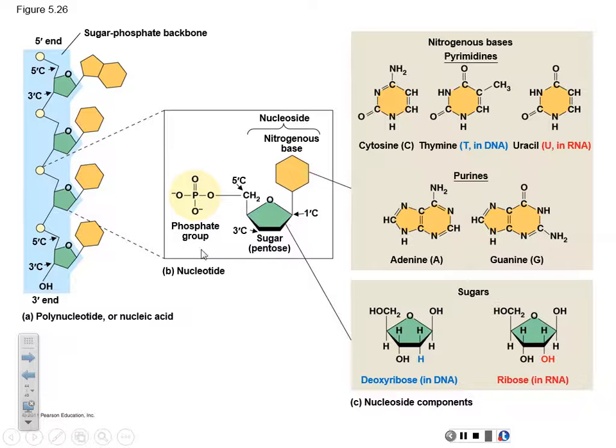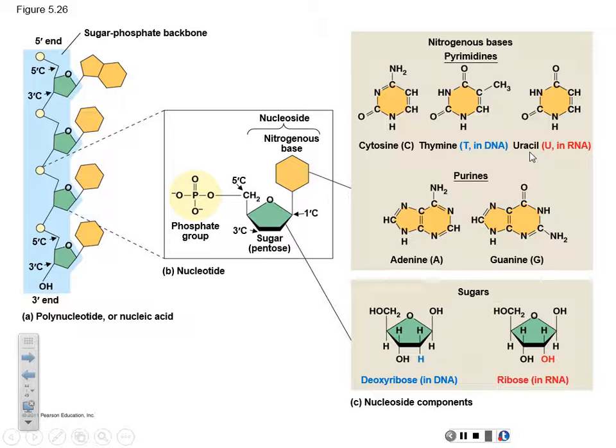Now, all nucleotides have the same basic structure, a phosphate group and 5-carbon sugar. What differs from one nucleotide to another is what the nitrogenous base is. So you can see that for DNA, we've got cytosine, thymine, adenine, and guanine. Those are the 4. In RNA, in place of thymine, we use uracil.